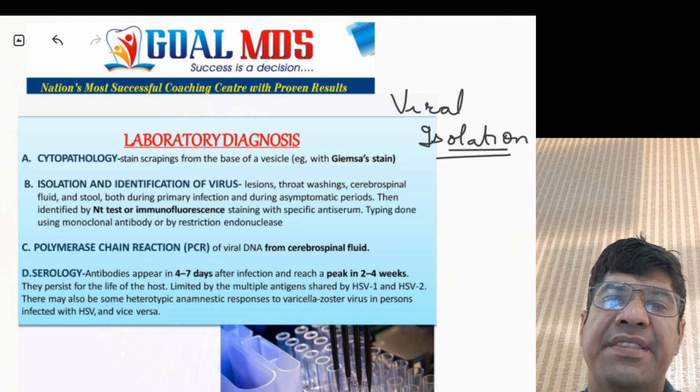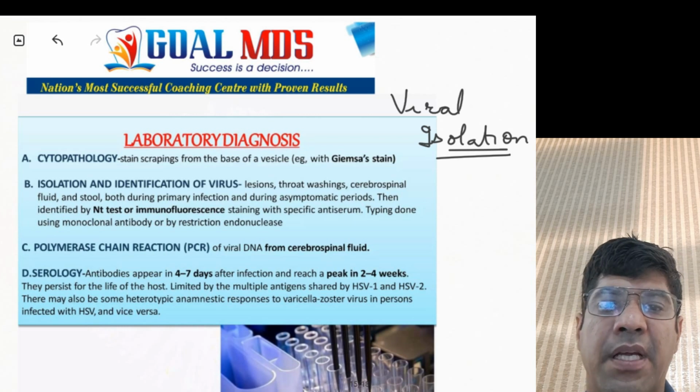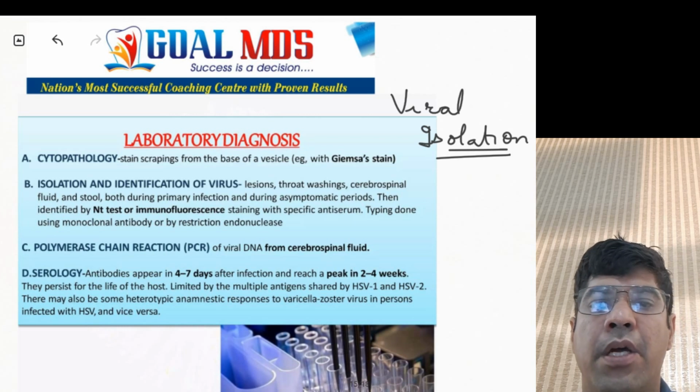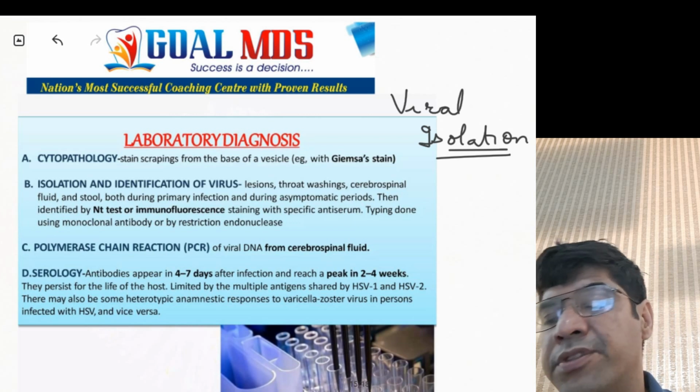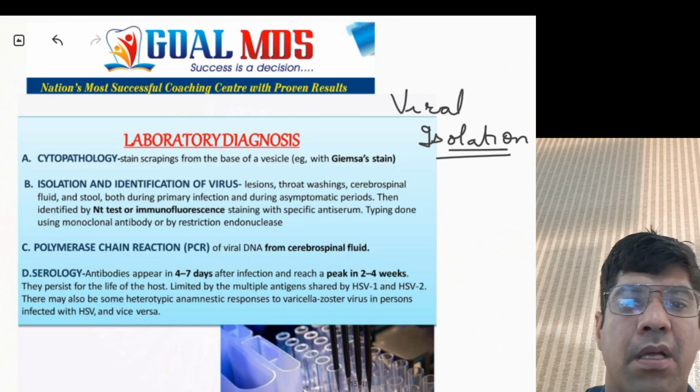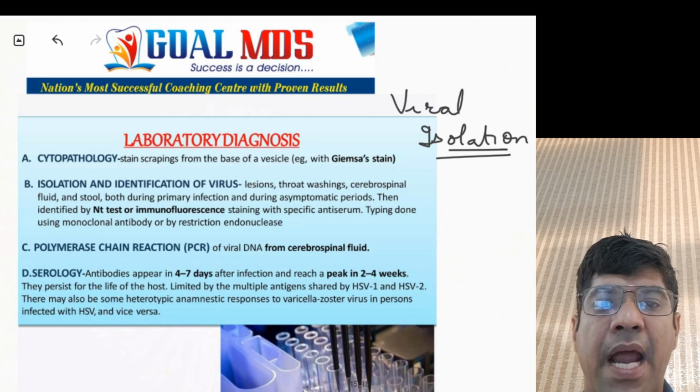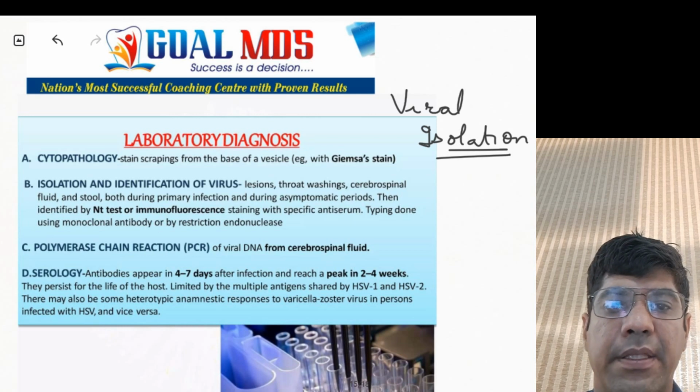But intact vesicles are rare in the mouth, and ruptured lesions are unreliable as they are a source of contamination. Third, cytological smear and tissue biopsy are common methods.